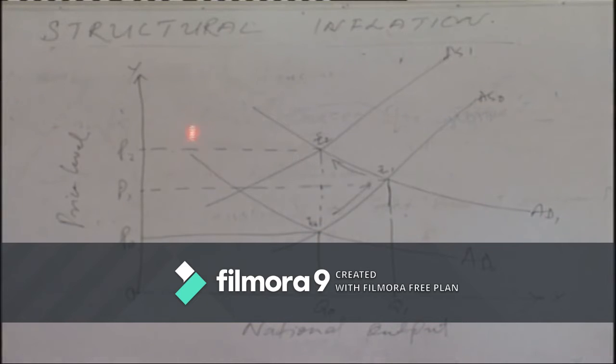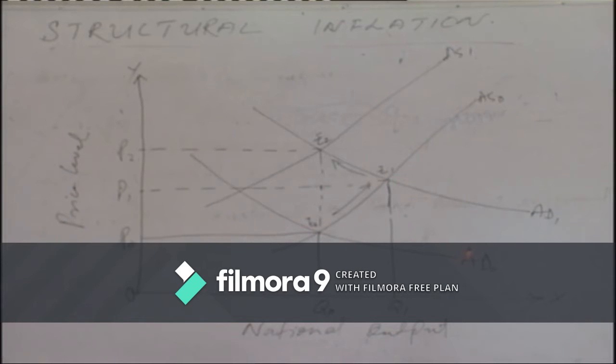Now, we have the initial aggregate demand curve, AD naught, and your AS naught curve is your aggregate supply curve.